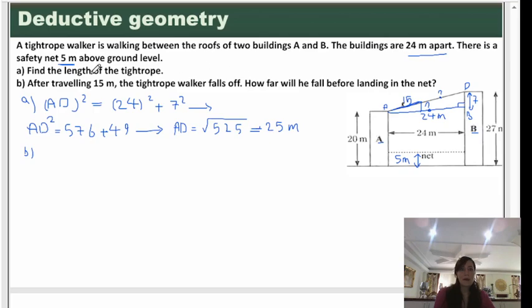I am going to find this length when he lands in the net.